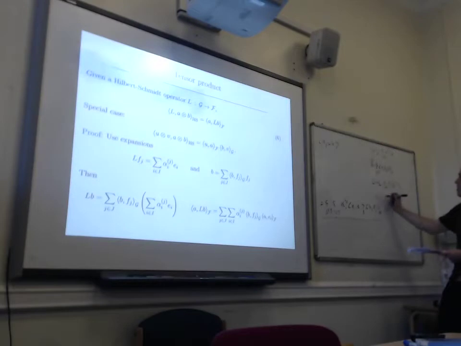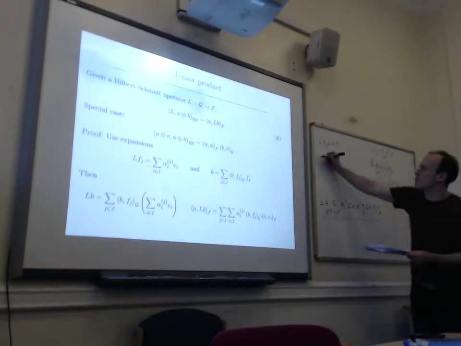And we know L acting on Fj, which is the sum over I in I of alpha_IJ E_I. So this expression here is just L acting on B, where B has this expression. Okay, so let's substitute that in.